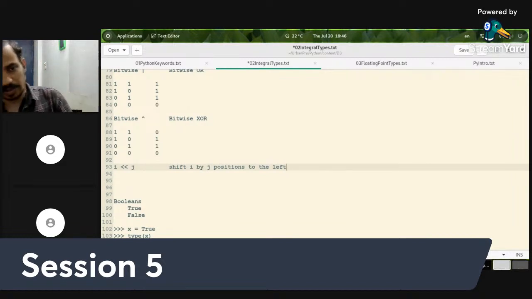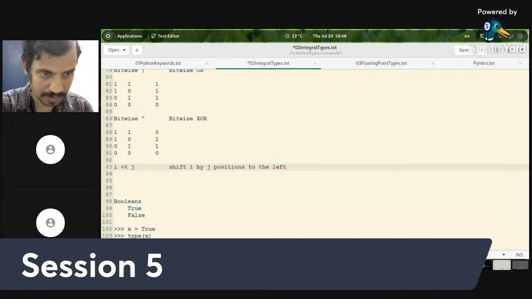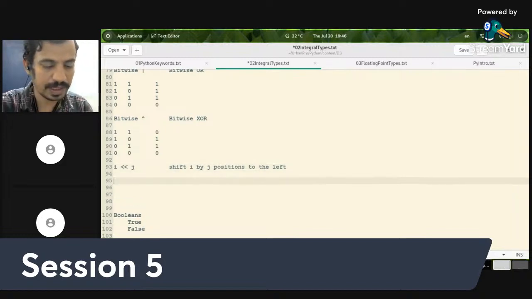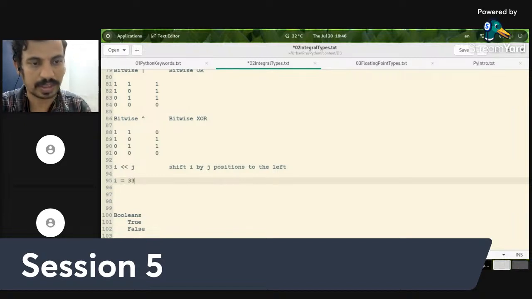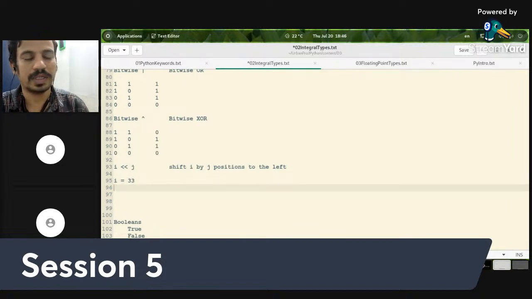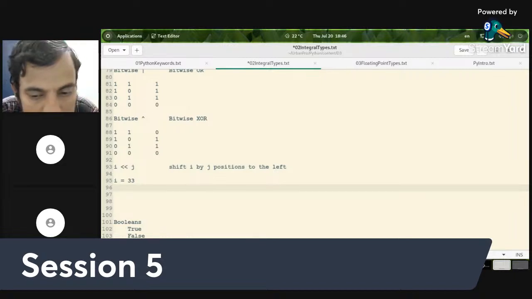Okay, so let's try to understand what this means. Let's say I is equal to some value, 33. Can someone calculate and tell me the binary equivalent of 33?